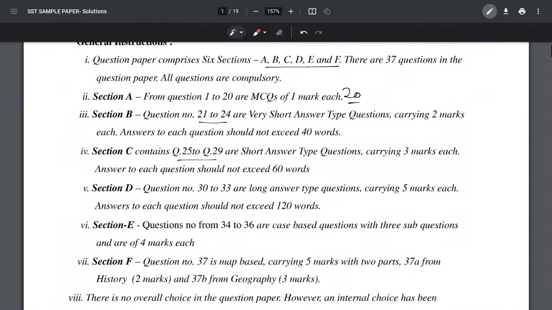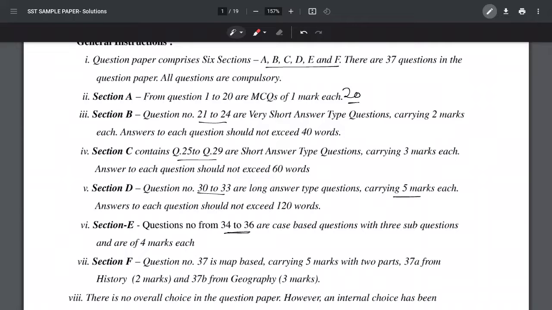Then section D has questions 30 to 33, 5 marks each, which means you have to write long answers. After that, we have E and F. In section E, there will be 3 case studies given and then questions based on them. And for section F, we have the map work. Map work from one will be from geography, one will be from history.